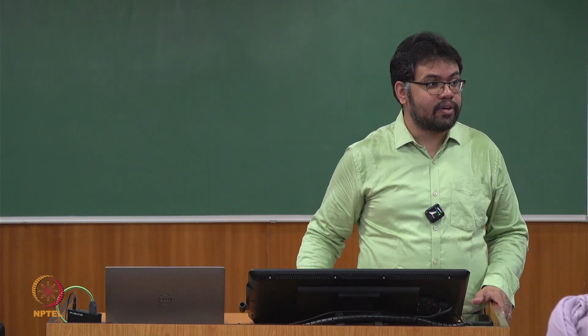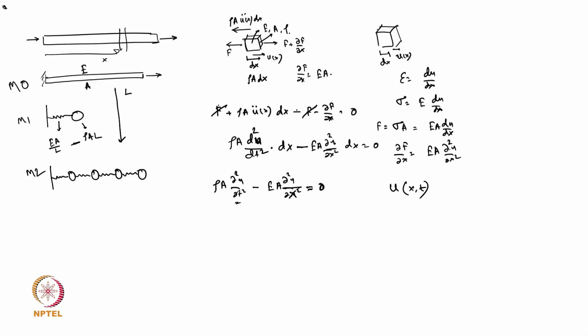Please note, they are partial. They are not the normal derivatives, they are partial derivatives. So we put the partial derivatives, and then you are able to solve that. Good. So we get that equation of motion.